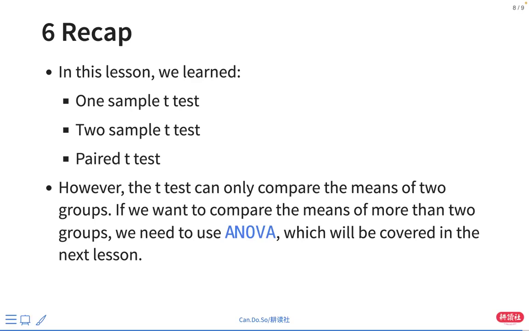Or what if we want to do a paired t-test with 1952, 1970, and 2007? The t-test cannot do that. We have to use the ANOVA test, which will be covered in the next lessons.